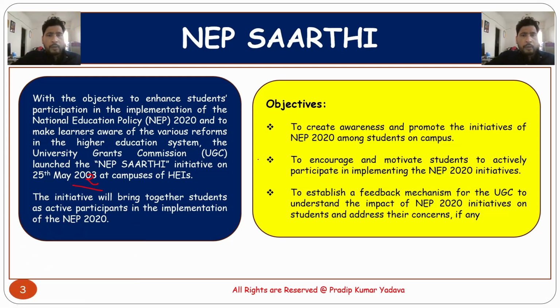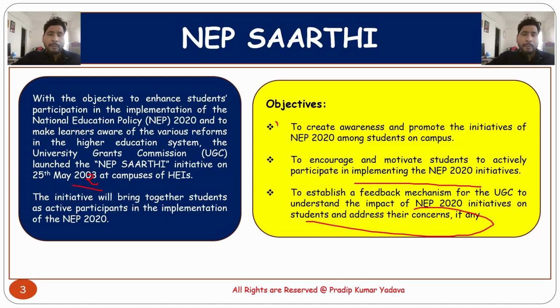Now, to encourage and motivate students to actively participate in implementing the NEP 2020 initiative, and to establish a feedback mechanism for the UGC to understand the impact of the NEP 2020 initiative on students and address their concerns.